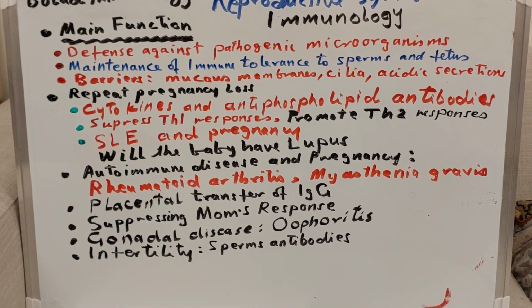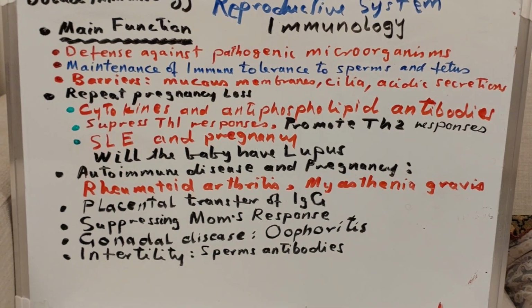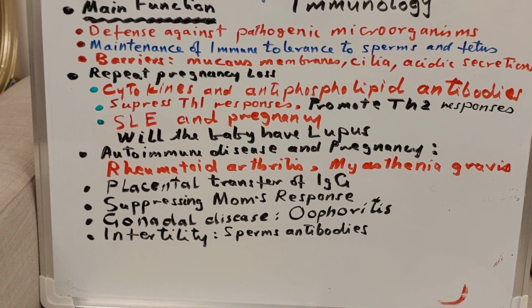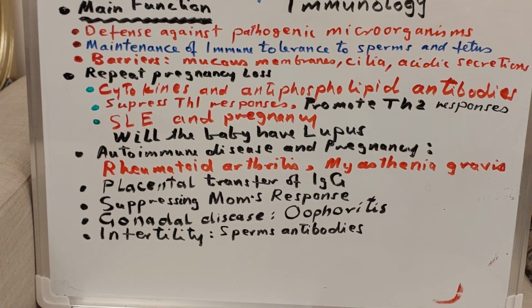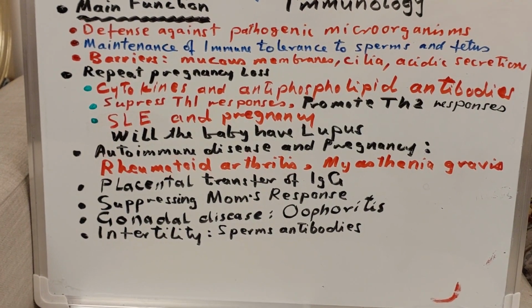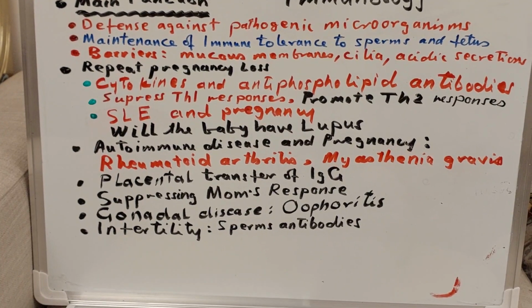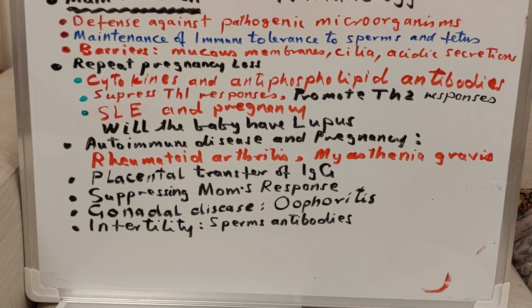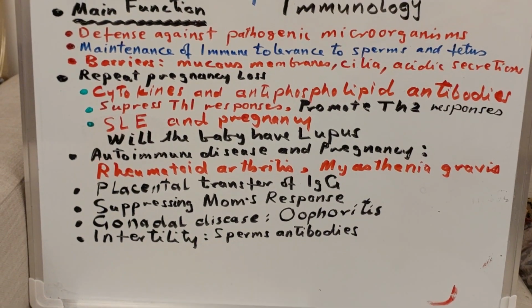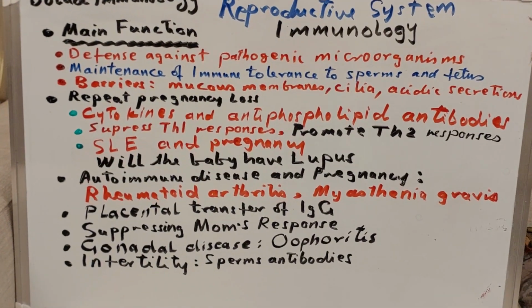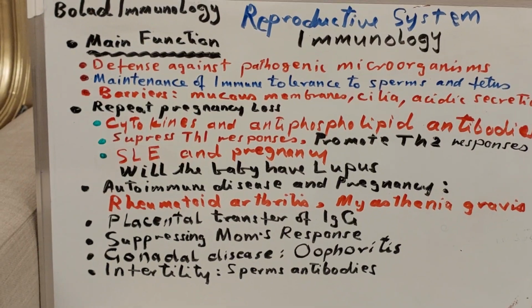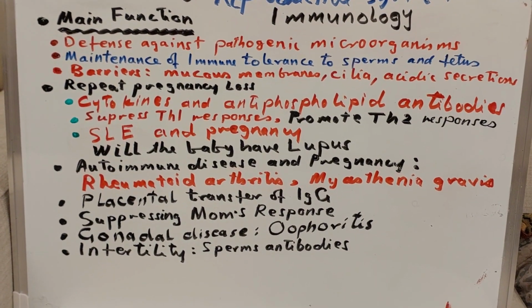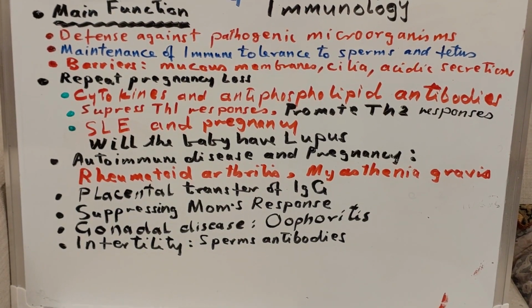About 10% of women with SLE may have antibodies known as anti-Ro, and as you know, placental transfer of antibodies, usually IgG antibodies, crosses the placenta.